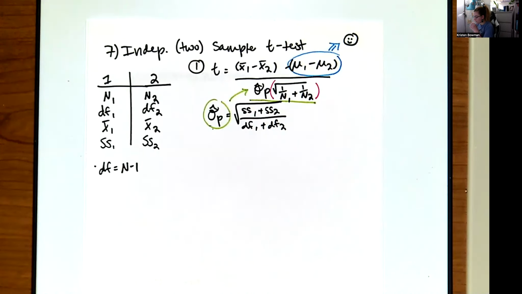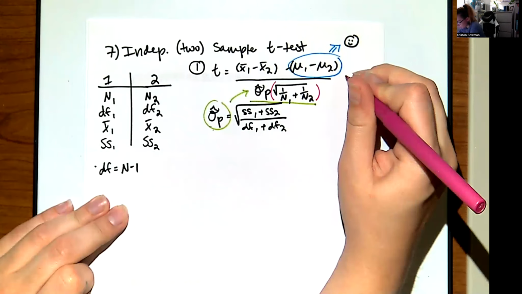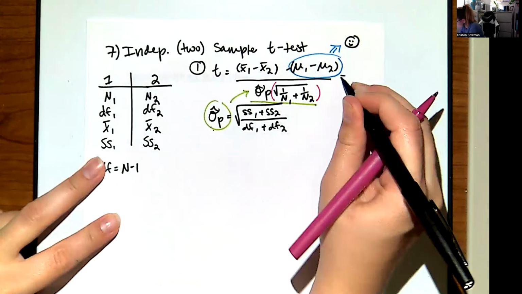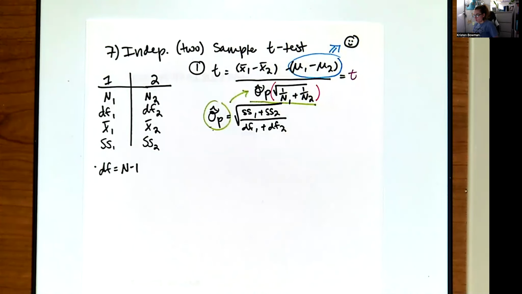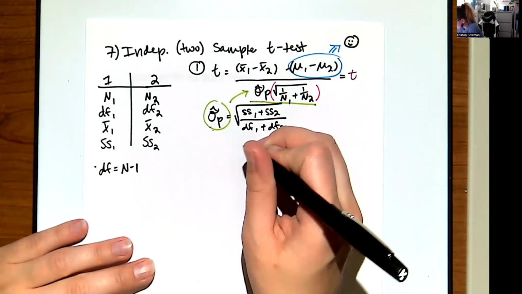So anyways, from all of this, we are going to get our, oh, I need a different color marker now. I'll just use this one. Okay. From all of this, we're going to get our t-score. Yay. So I want to make a side note here that you need to consider direction.